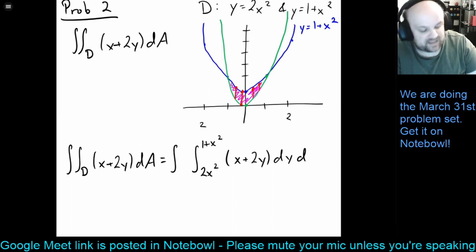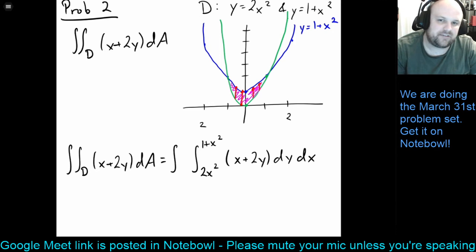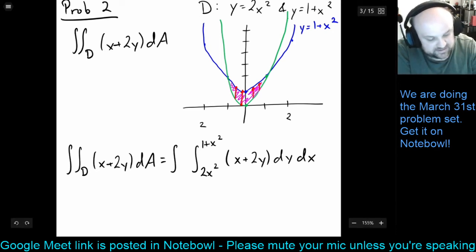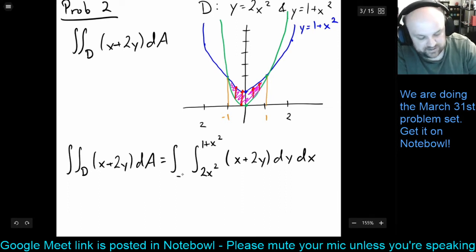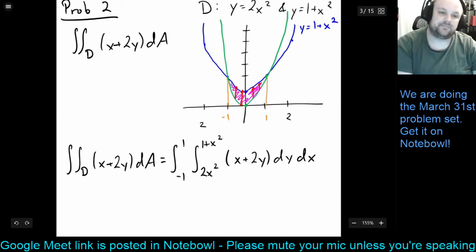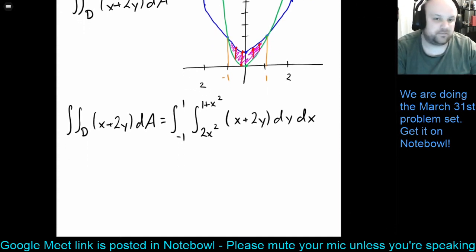And then for the x's, we just have to say, what's the smallest x value we could have? What's the largest we could have? In this case, the smallest is over here, which is -1, and the largest is over here, which is 1. So we integrate from -1 to 1 for x. And then it's just a matter of computing this.